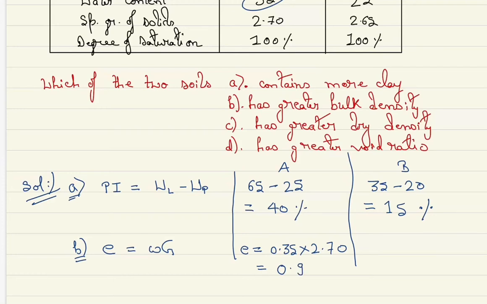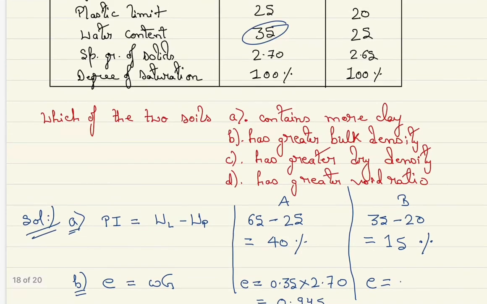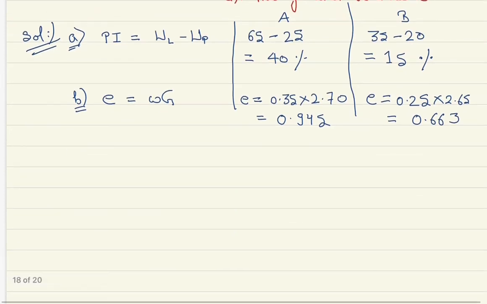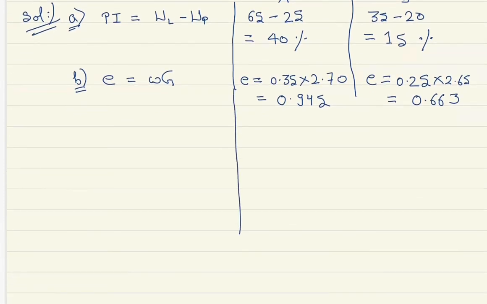After calculation you will find that e is 0.945. For soil B, e will be equal to 0.25 into 2.65. Using a calculator you will find that it is equal to 0.663. So we have e with us.